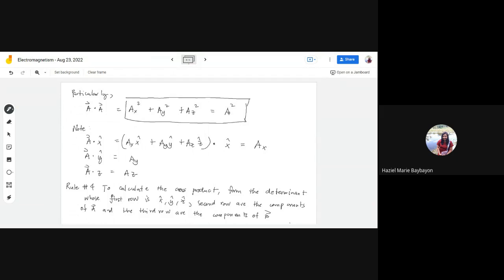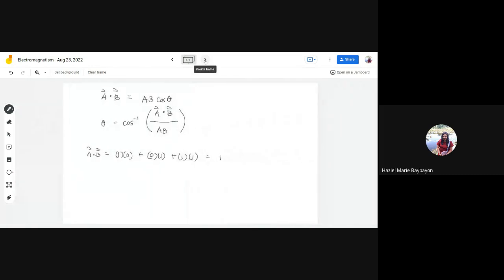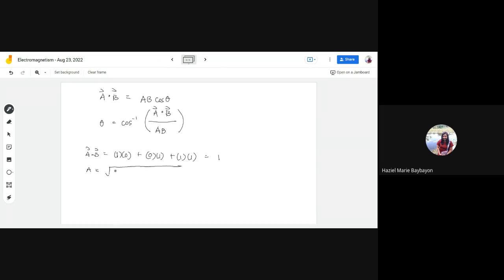From here, we can get the magnitude of A, which is just equal to the square root of the squares of A sub x plus A sub y plus A sub z. So we have A is equal to the square root of A sub x squared plus A sub y squared plus A sub z squared.